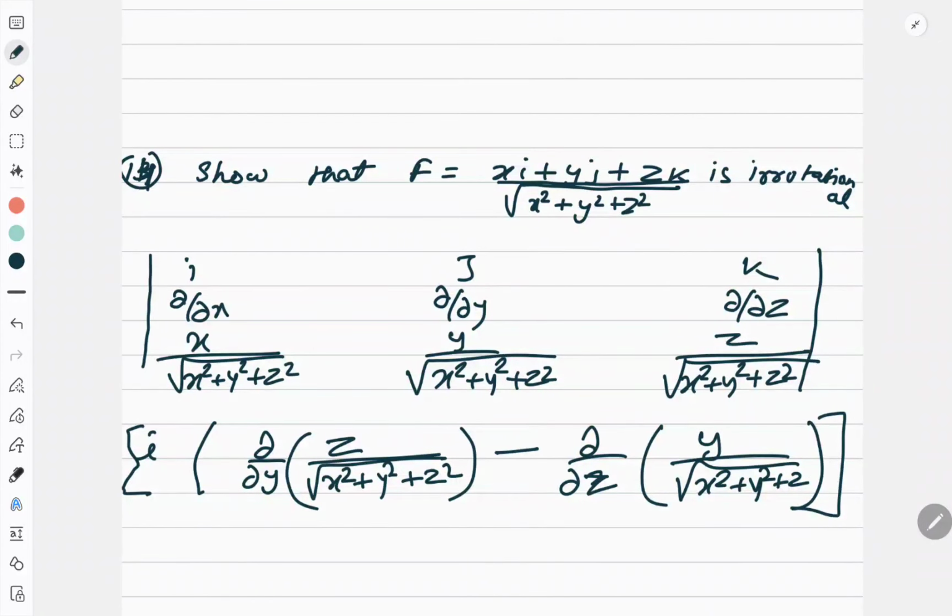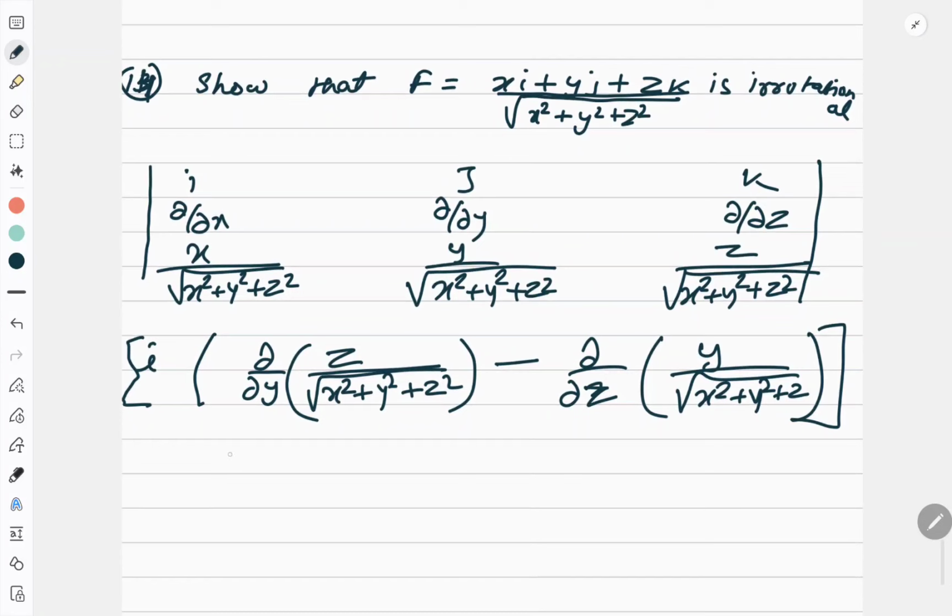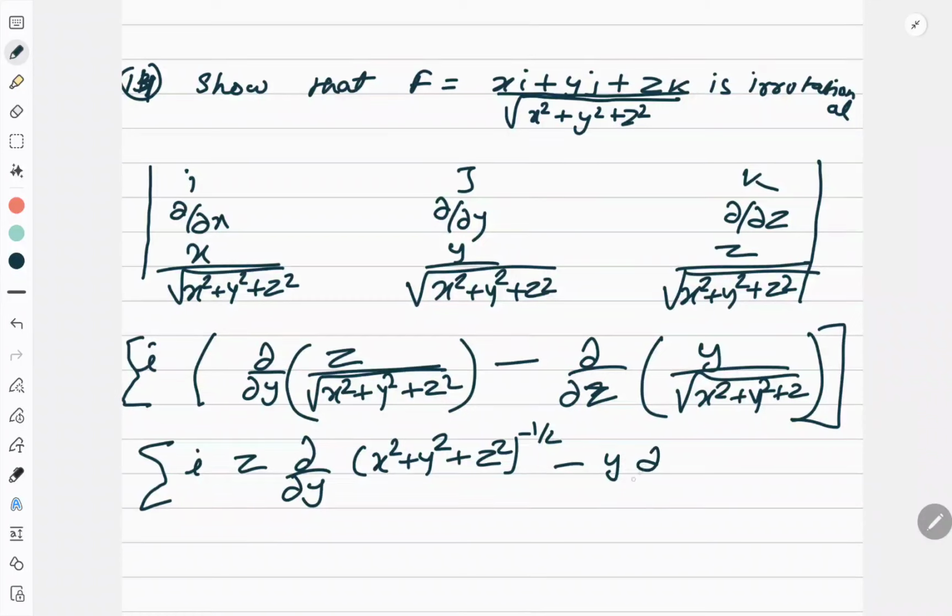Right? Now start differentiating. Z is a constant. Summation I. Z is a constant. So basically I have to differentiate z dou by dou y of (x square plus y square plus z square) power minus 1 by 2, minus y dou by dou z of (x square plus y square plus z square) power minus 1 by 2. So summation I, this I is with the whole thing.